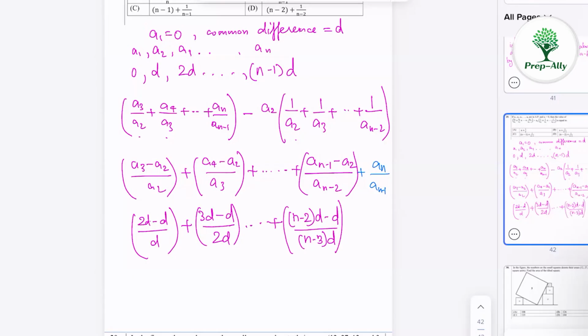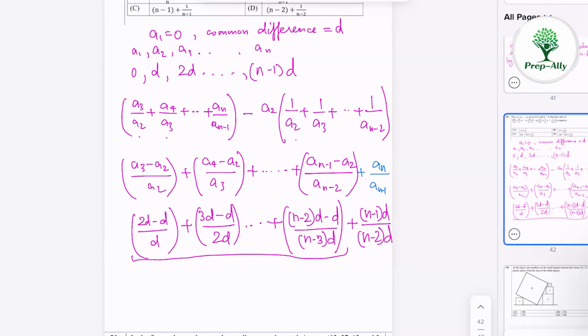So all these terms plus AN minus 1, AN is N minus 1 into D divided by N minus 2 into D. So all these terms turn out to be 1.